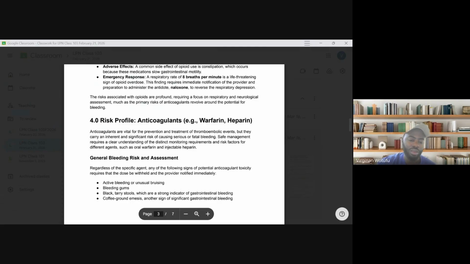As well, you check for coffee ground emesis, vomit, which is also an indication of GI bleeding. So you cannot administer anticoagulants during an active bleeding, right?